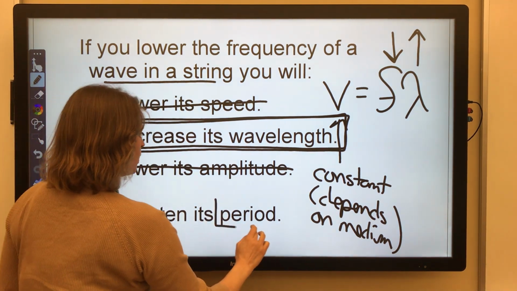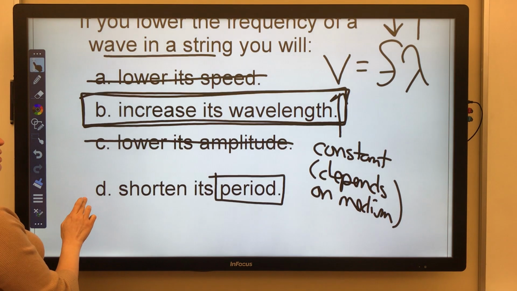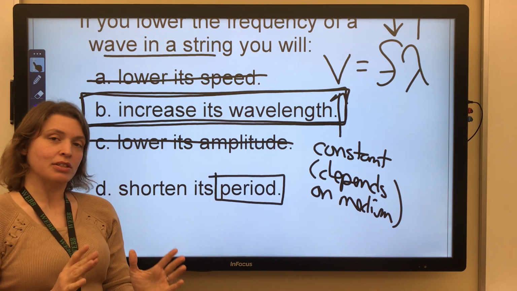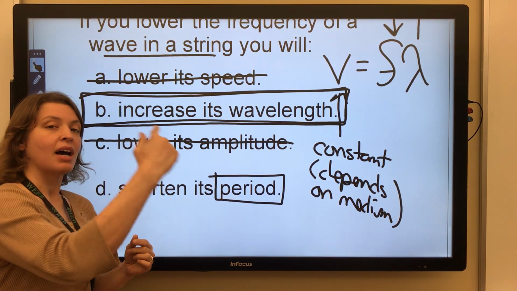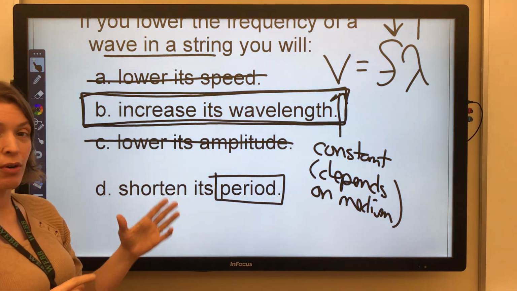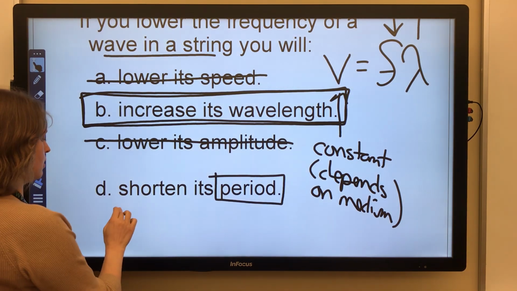What is period here? Now, we had talked about the period of an oscillation back when we did our whirligig lab. I know it's been a while, so I'm going to give you a quick refresher now. Period is the amount of time it takes for one oscillation to occur. That's different from frequency. Frequency is oscillations per second.